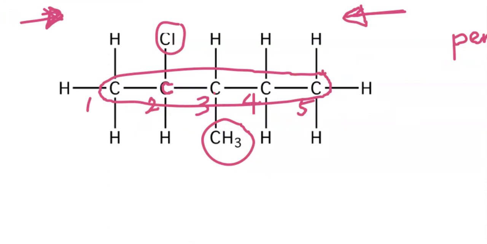So now the naming needs to contain the positions of these substituents. First I will start from the chlorine atom. Since the chlorine atom is on the second carbon atom, I can write 2-chloro.